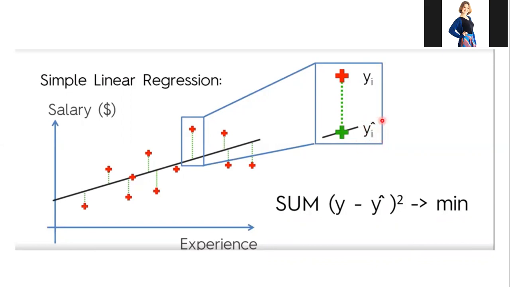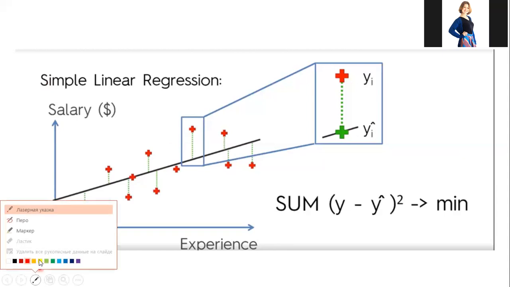So it's our predicted value using the linear regression model. And you see that these lines are residuals, actually. A residual is the difference between the prediction and the real value of our target. They are not perpendicular to the line.